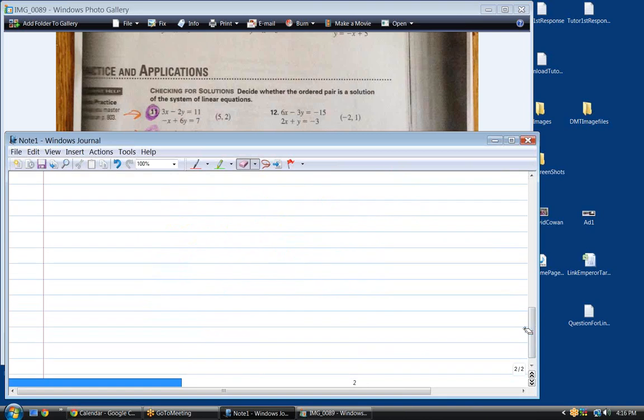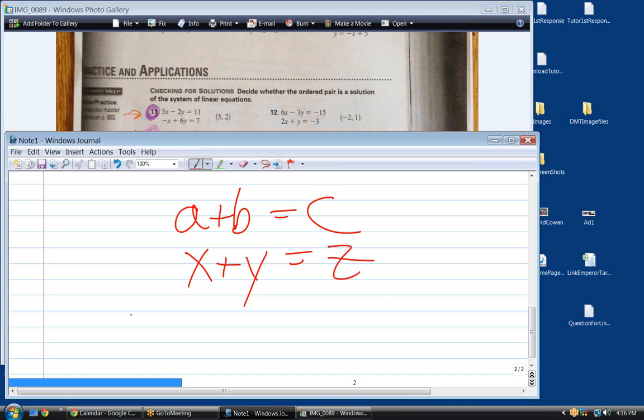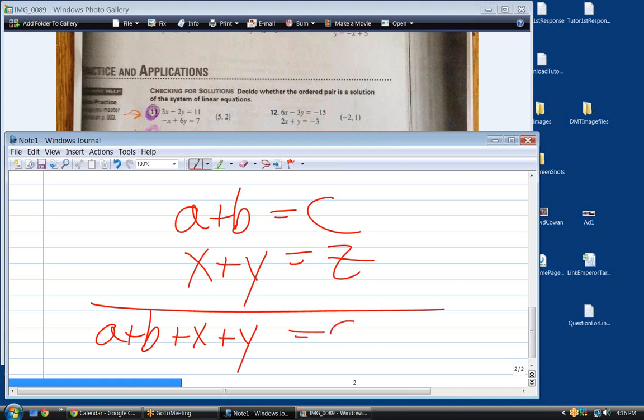Well, hold on. Let me say one other thing. If I have two equations like this, a plus b equals c, and x plus y equals z, mathematics allows me to add equations. In other words, a plus b plus x plus y equals c plus z.